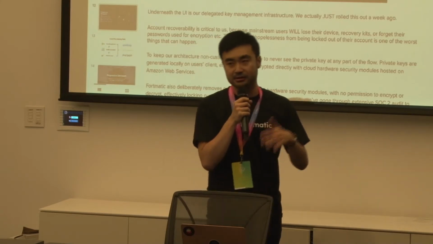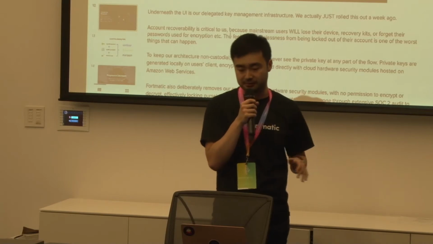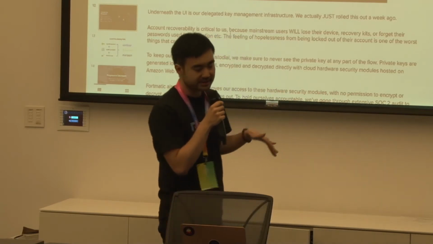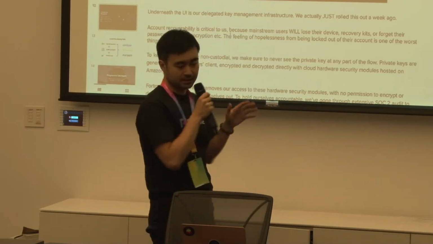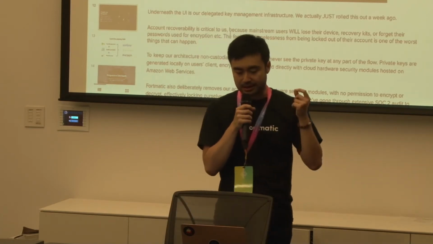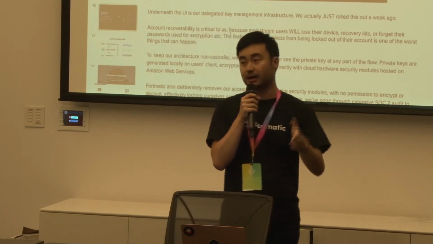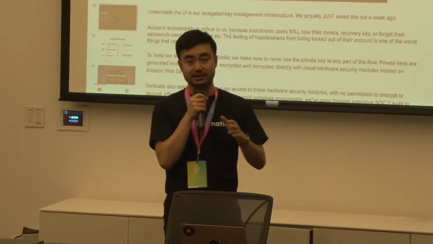And to keep our architecture non-custodial, we make sure we never see the private key at any part of the flow. So private keys are generated locally on the developer's client within a secure iframe sandbox, and then directly encrypted and decrypted with cloud hardware security modules hosted on Amazon.